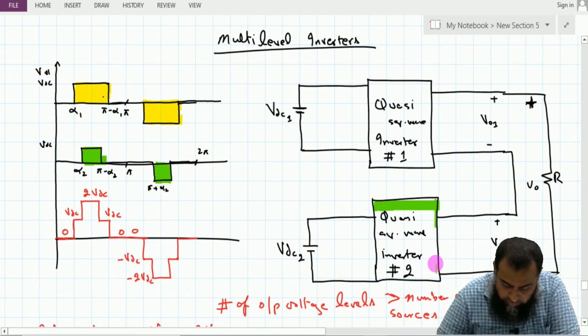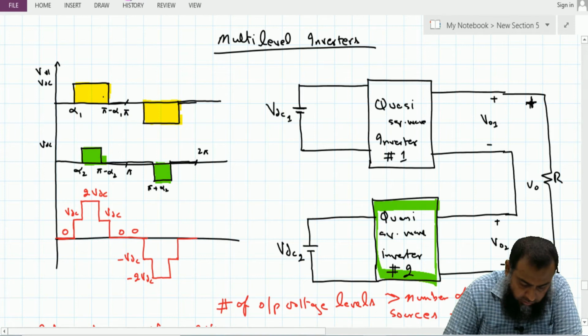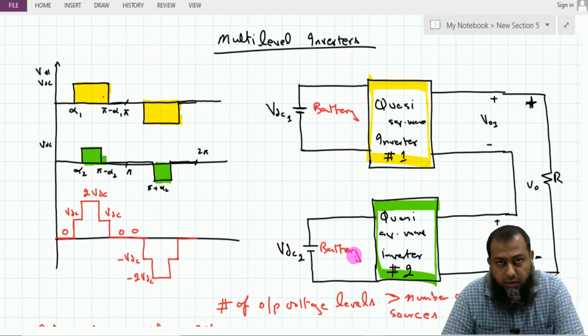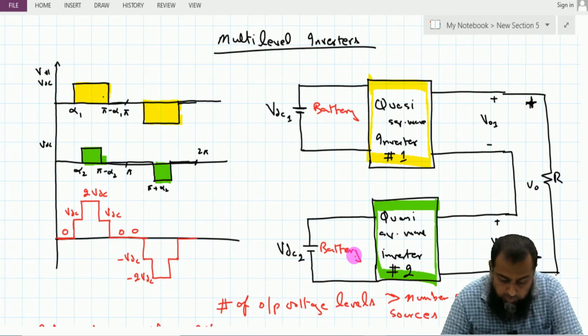So this is quasi-square wave inverter number 2, this is quasi-square wave inverter number 1. Suppose that this is also a battery, this is also a battery, and these two batteries are used to supply power to the resistance R.